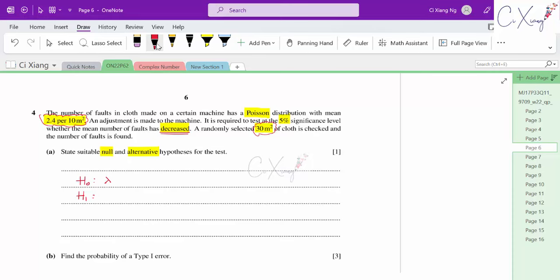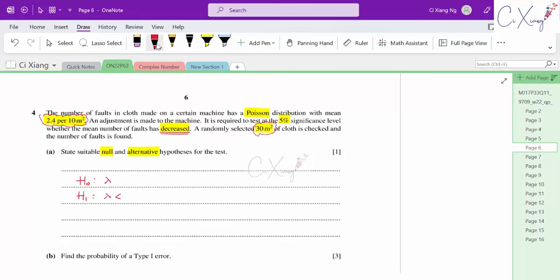The keyword here is decrease. The word decrease helps me form the alternative hypothesis, where it should be lambda smaller than. I'm using the lambda for 30 meter square, so I will take 2.4 multiplied by 3.